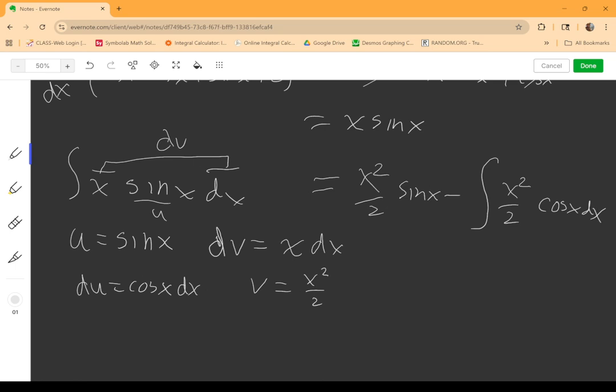Now here we see I actually have an even worse problem than when I started. At least in the first one, the x was just of the first power. Now I have an x squared and I still have a trig function. I can continue going if I want by applying parts again, but we're really going to be stuck in this pattern: if we keep using u to be my trig function and dv being the power function, we're just going to keep increasing that power.